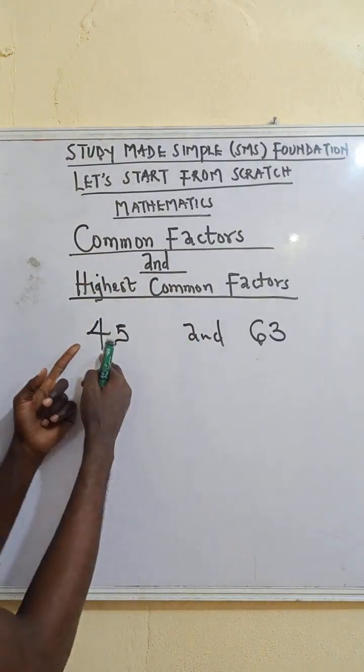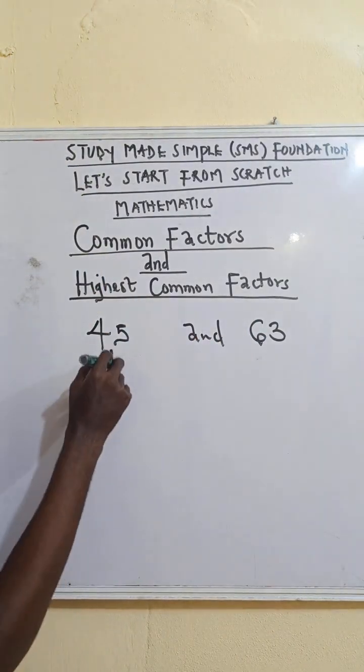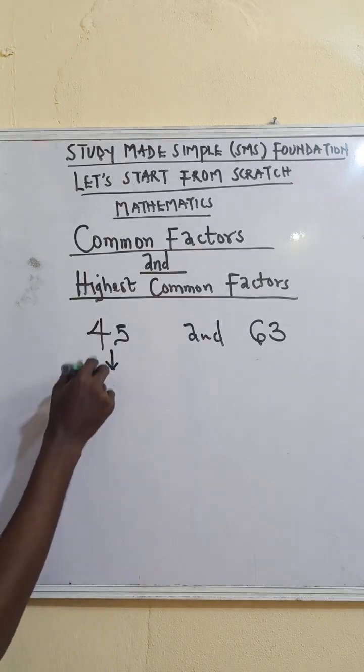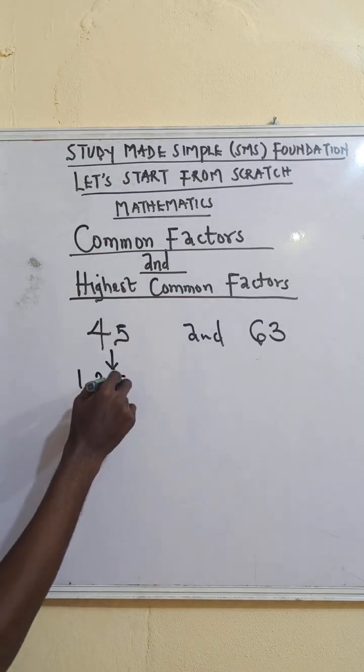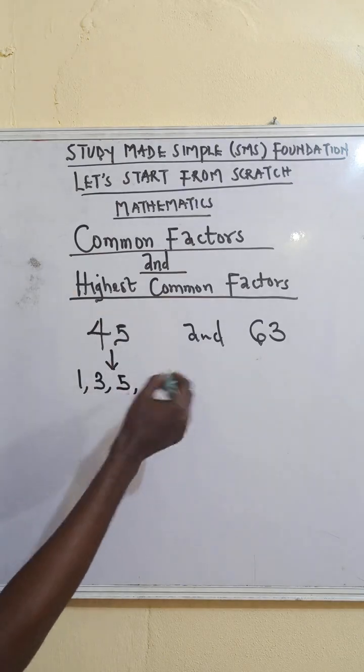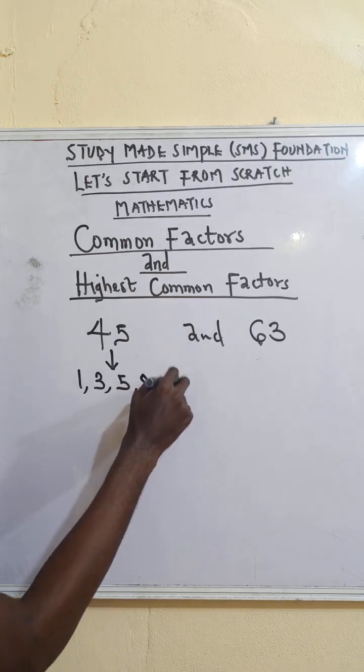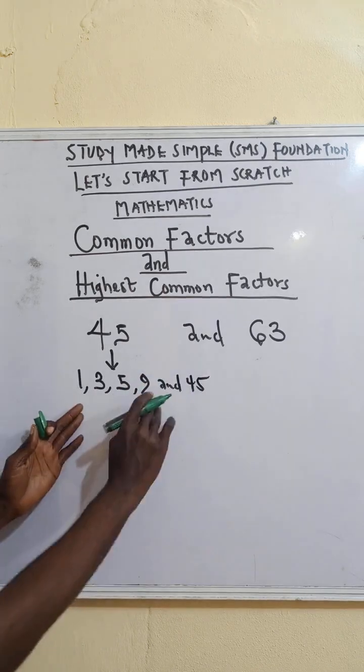That is the numbers that can divide 45. What are they? Numbers that can divide 45 are 1, 3, 5, 9, and 45. These are the numbers that can divide 45.